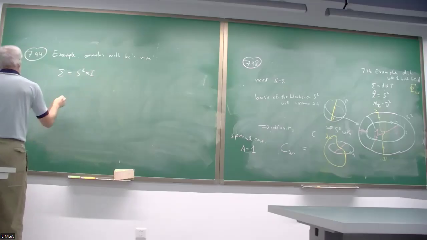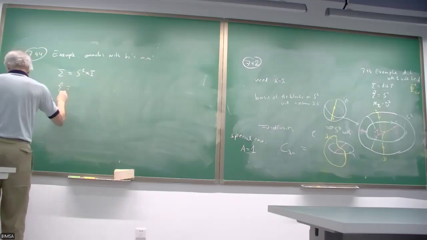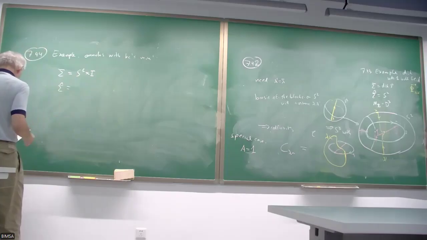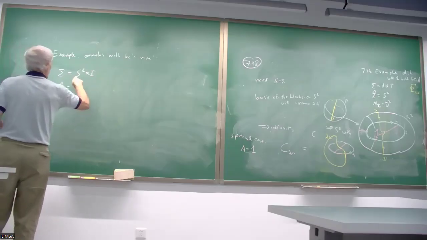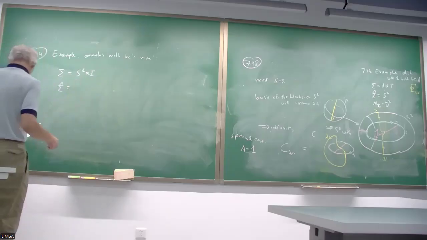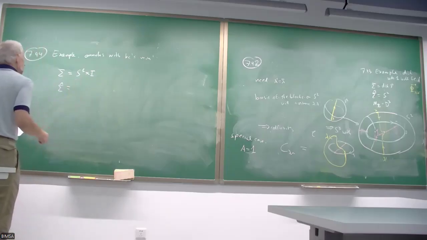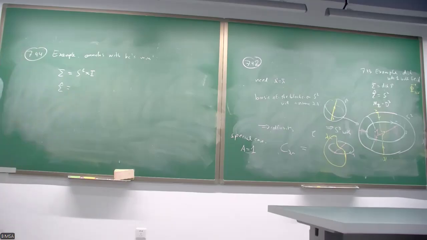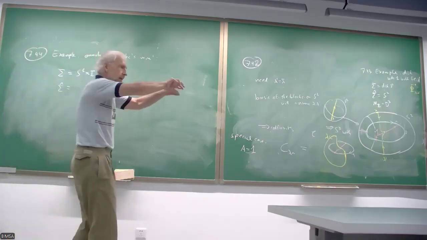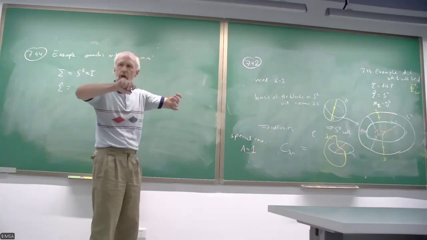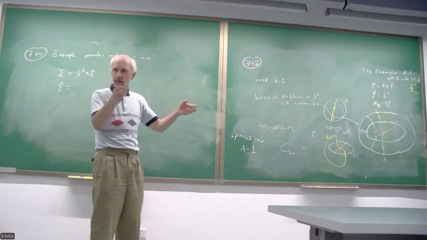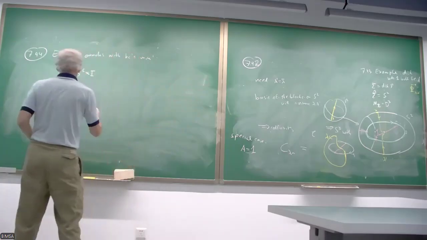Then sigma hat, sorry, sigma hat is just, let's take this as an annulus. It has two boundary circles. I take two copies of it and glue it along the boundary. So what I get is a torus.